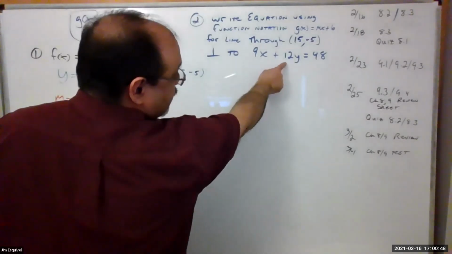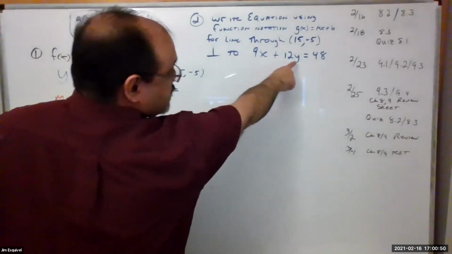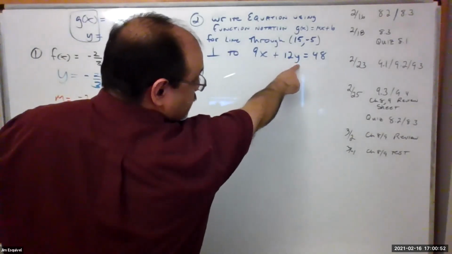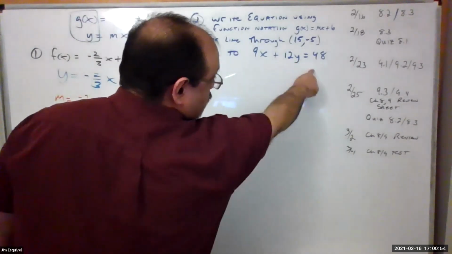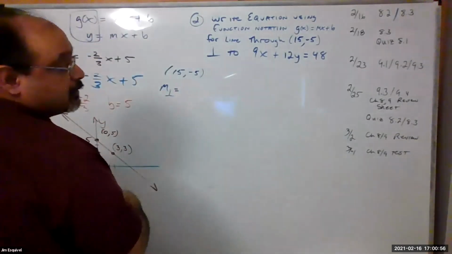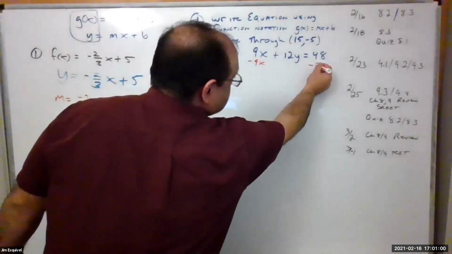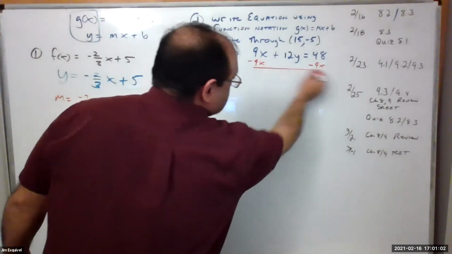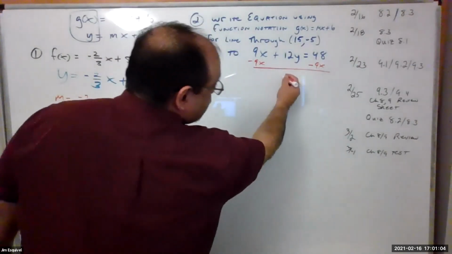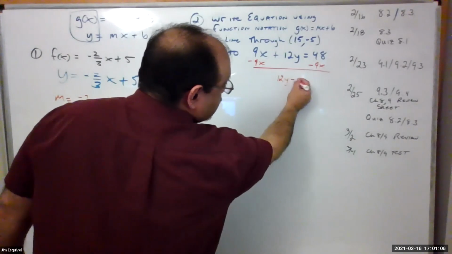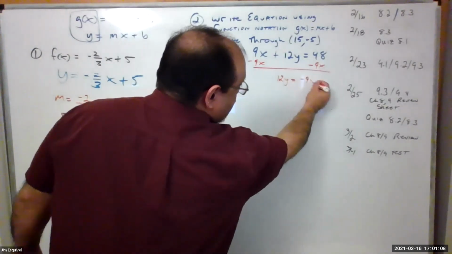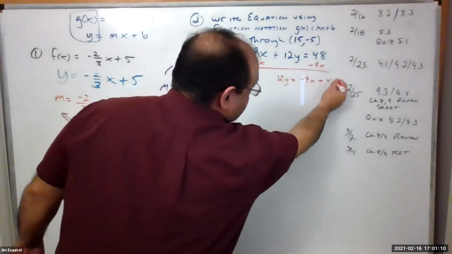So you have to find this slope first, which means you have to solve for this y. So you gotta show this work. We're going to subtract 9x. And that leaves a positive 12y equal to a negative 9x and a positive 48.